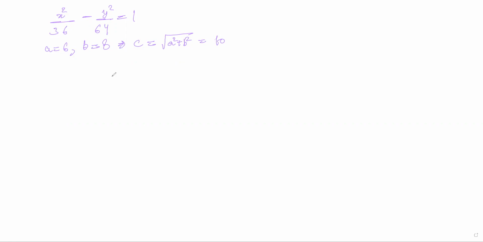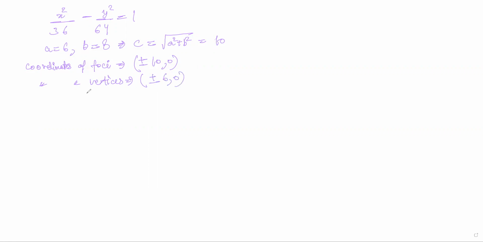Now, can you tell me the coordinates of foci, Tarif? Plus minus 10, comma 0. Correct. Coordinates of vertices? Plus or minus a, comma 0, then it will be plus or minus 6, comma 0.